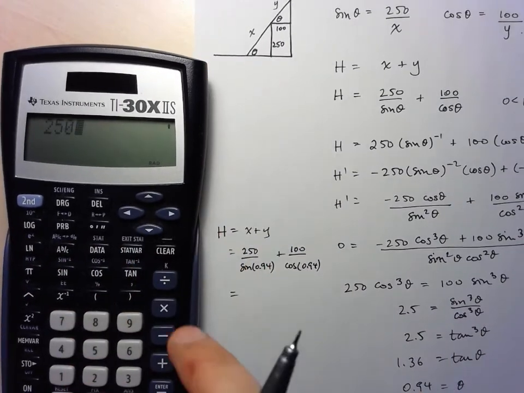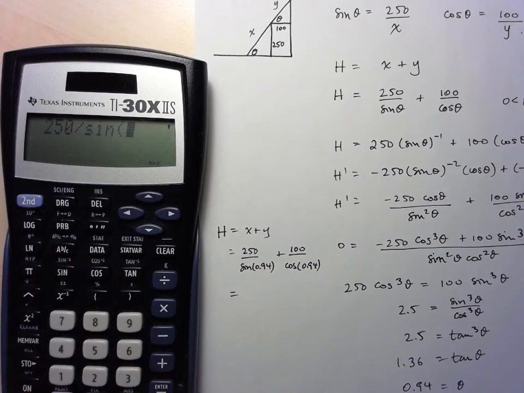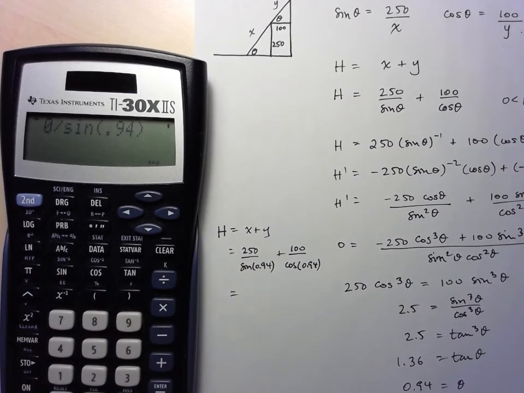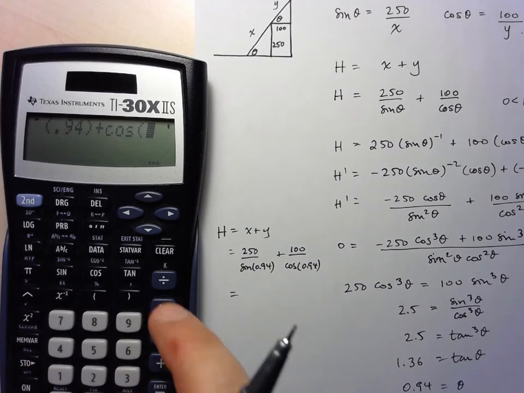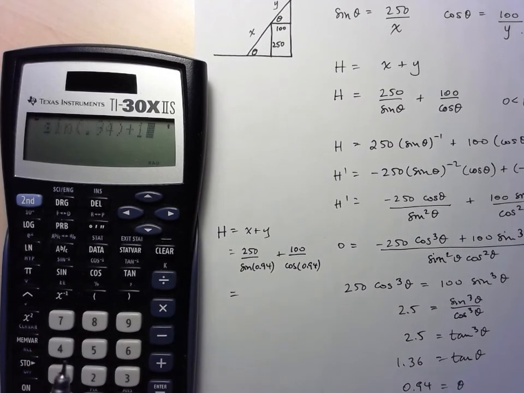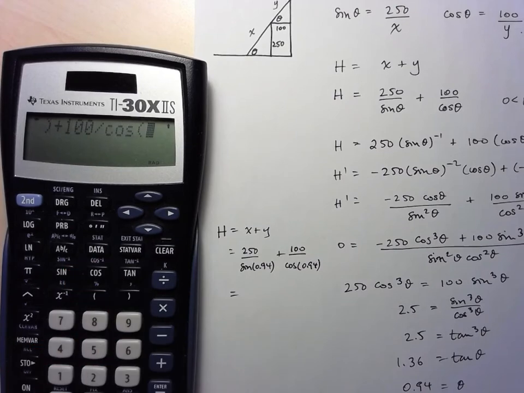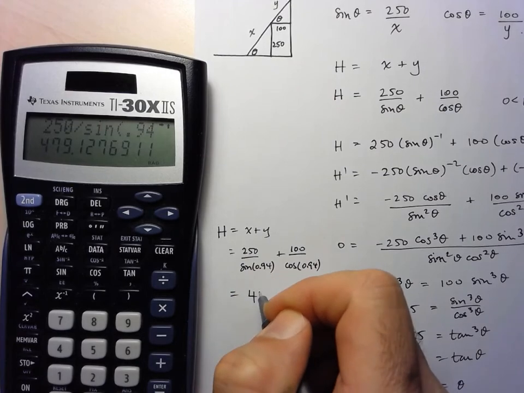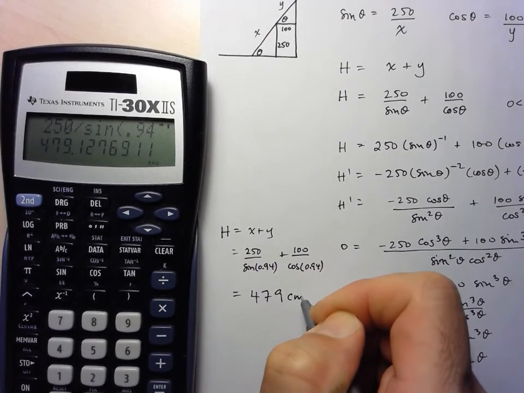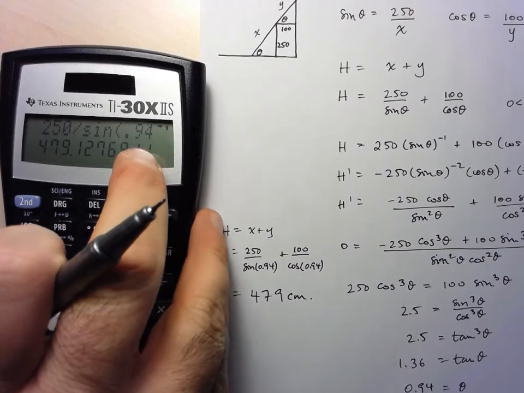We have 250 divided by sine of 0.94, plus 100 divided by cos of 0.94. And that gives us about 479 centimeters. So there we have it.